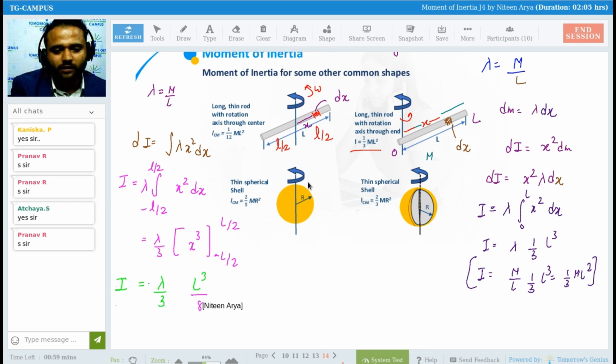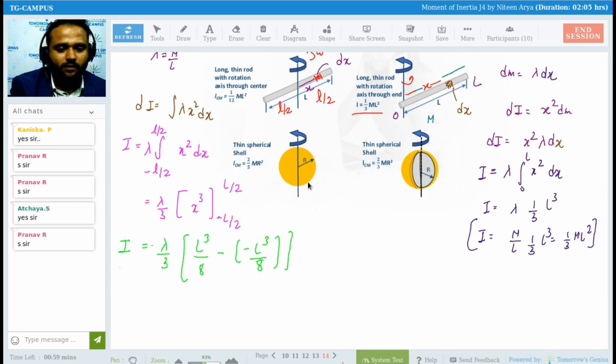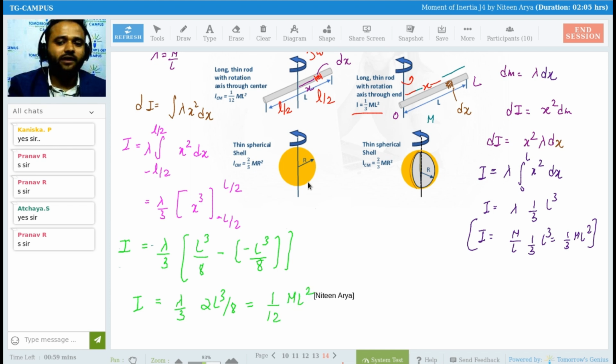L to the power 3 by 8 minus of negative L to the power 3 by 8, and that gives me lambda over L to the power 3 over 8, and then it gives me 1 upon 12. I can write now directly because you know this, m L square.